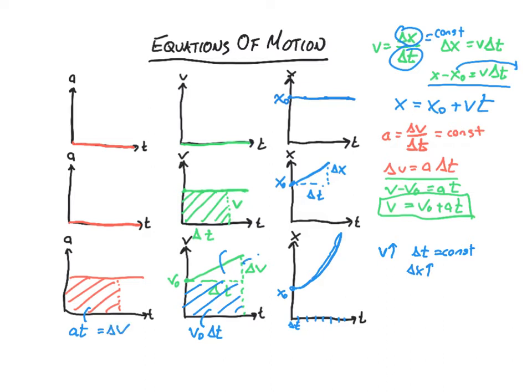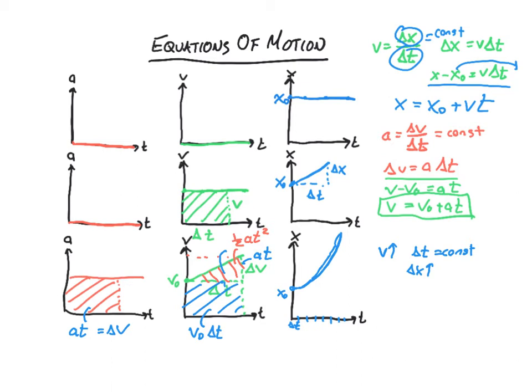So this is at, this is t. So the portion right here is going to be 1/2 at squared, because if we had this full rectangle, it would be at times t, but we only have half of it, that's in the shaded region, so that's 1/2 at squared.